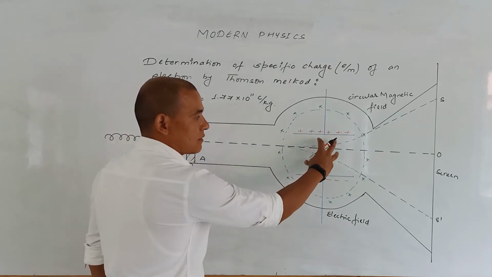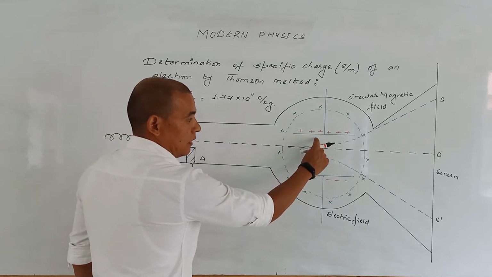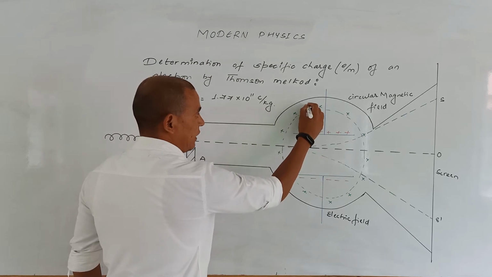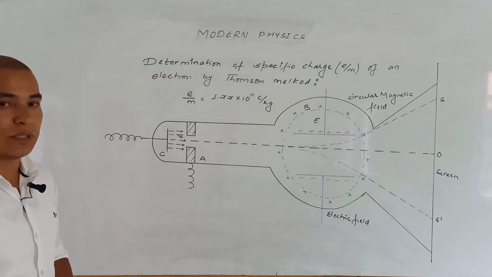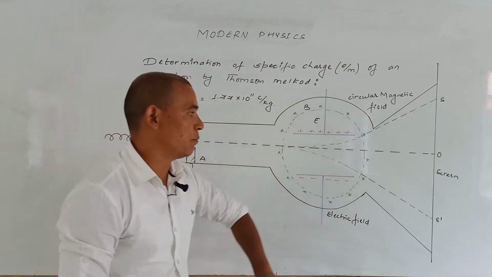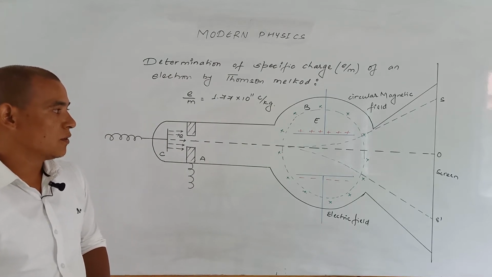On another side of the discharge tube, we can see the magnetic field and the electric field, placed perpendicular to each other, and the electrons are allowed to pass between the electric and magnetic fields.